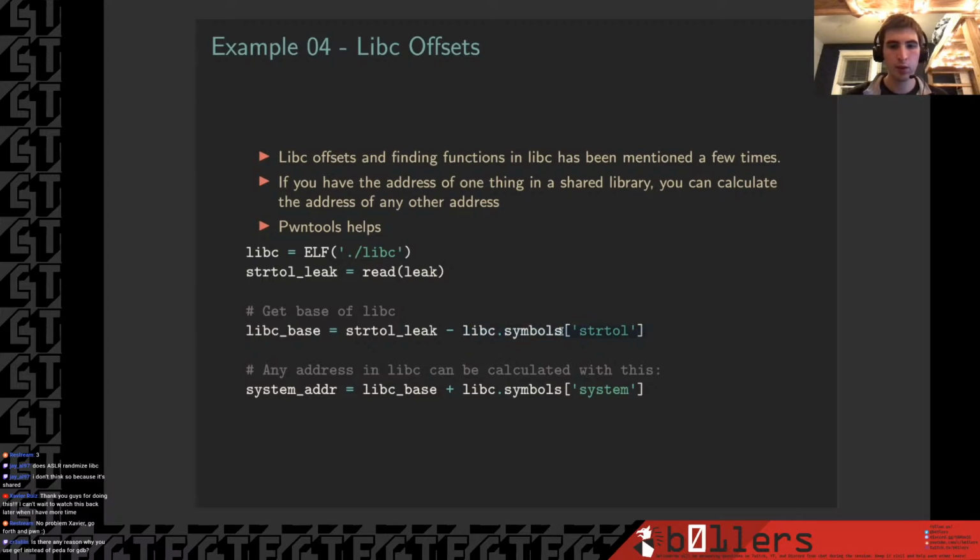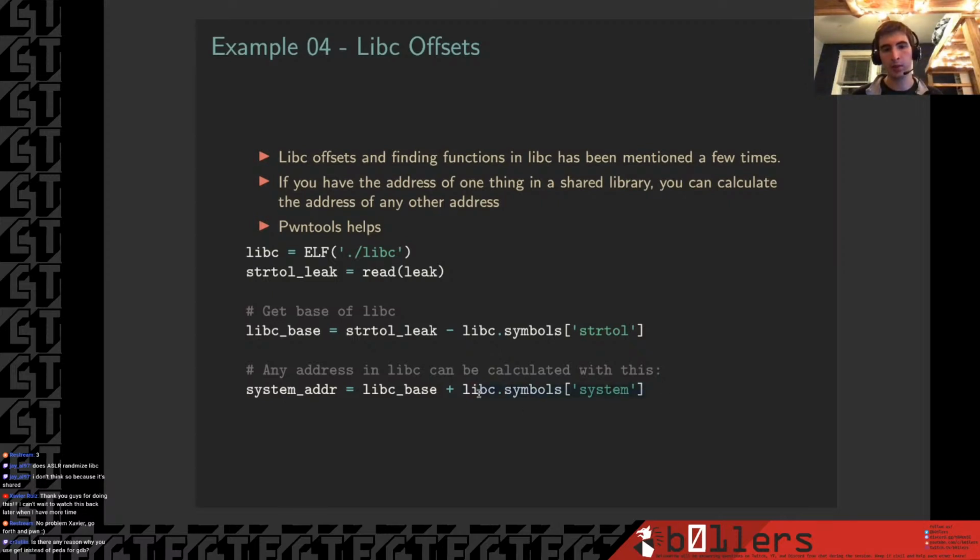If you don't have a symbol, but you know the offset in libc, you can use GDB to calculate that by hand, and you might just have a raw number here rather than libc.symbols. And then you can calculate any address in libc with libc base plus libc.symbols system, or whatever symbol you wanted to calculate. If you don't have the symbol again, you can just pick a number by hand.